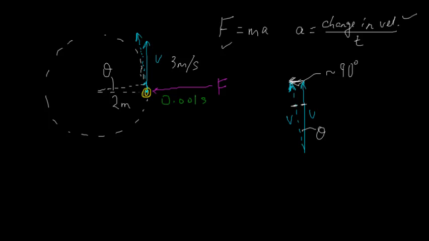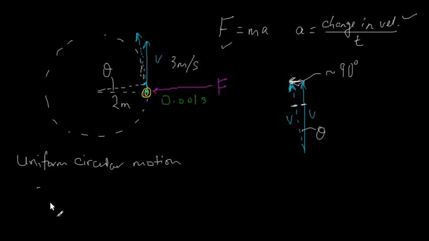So let me write down these important results. For a uniform circular motion, the word uniform means that the speed is the same around the circle.